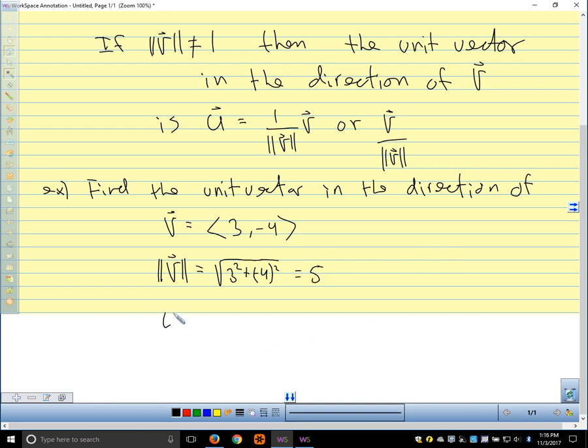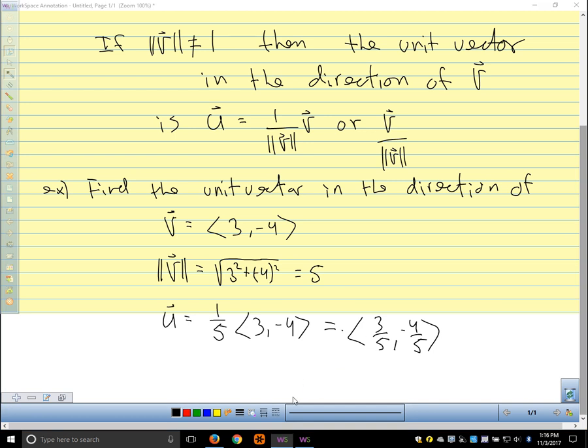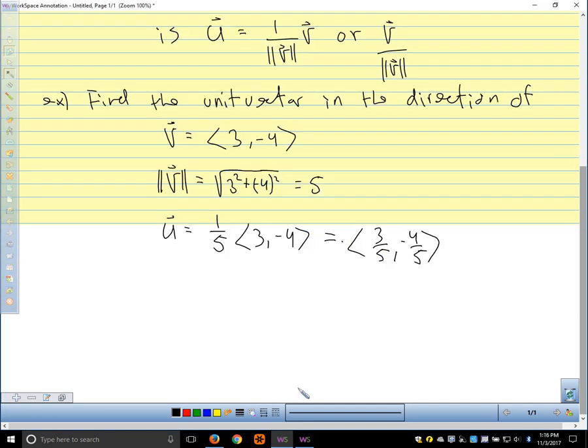So a unit vector is 1/5 of 3, negative 4. So I can also write that as 3/5 comma negative 4/5. And that vector is going to have magnitude 1. So let's check.